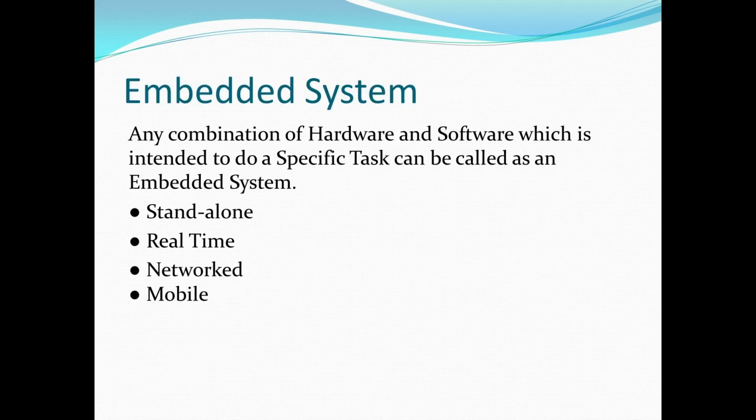Embedded system. An embedded system is a combination of hardware and software which is used to do a specific task. There are four types of embedded system: standalone system, real-time system, network system, and mobile system. Combining all of these, there is another category, that is hybrid embedded system.